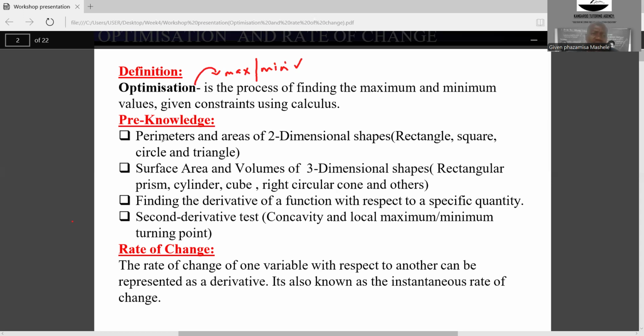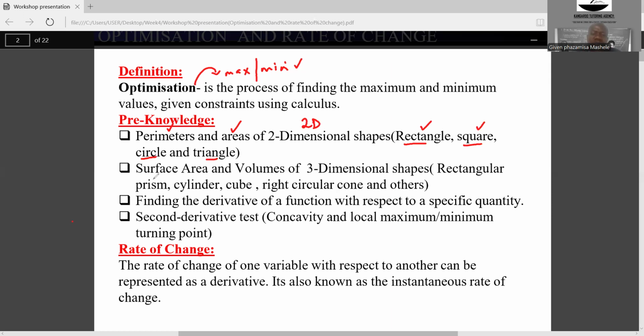Then another thing, by pre-knowledge, one must be able to understand how to determine the perimeter and the area of two-dimensional objects, such as rectangles, squares, circles, and triangles. It's very important.